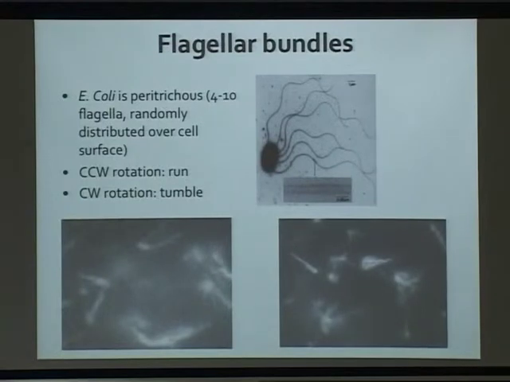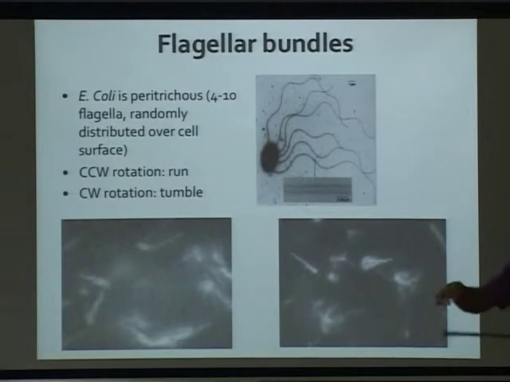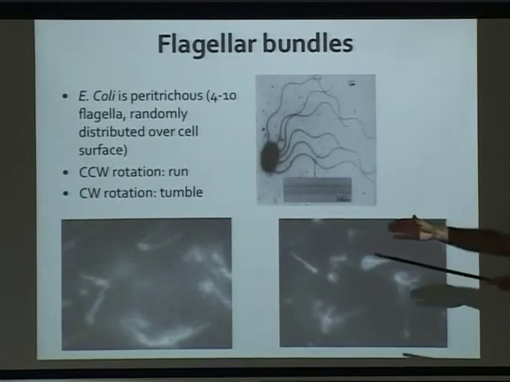Now what happens is that from time to time, given the concentration of some molecules in the interior of the cell, that we will see in a second, one or more of the motors may decide to turn the other way. And when this happens, that's pretty critical, because the good functioning of this bundle is related to the fact that all these flagella are just entwined one with the other. If all the motors rotate in the right direction, there is a wave that propagates from the cell body out.